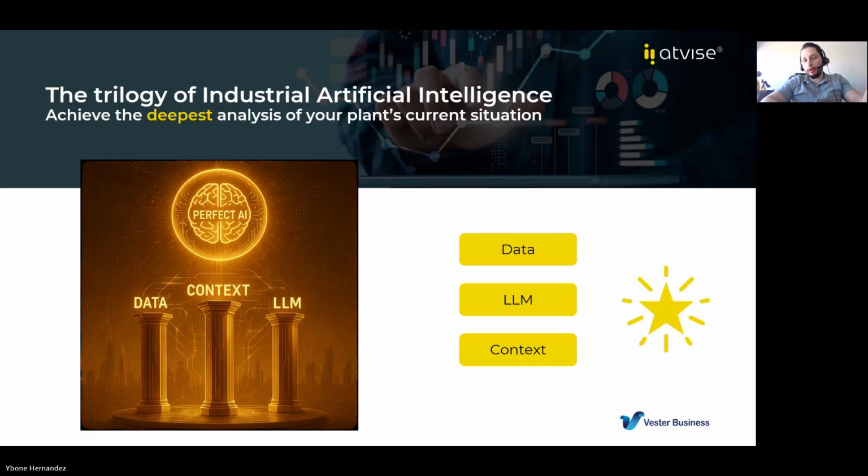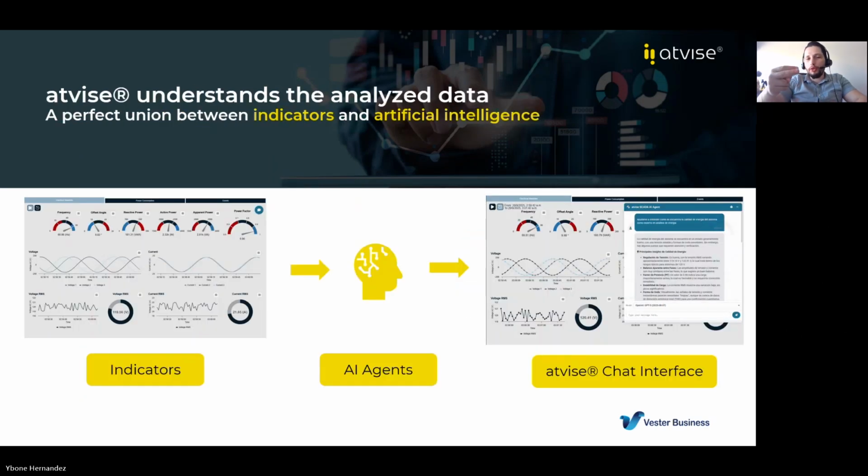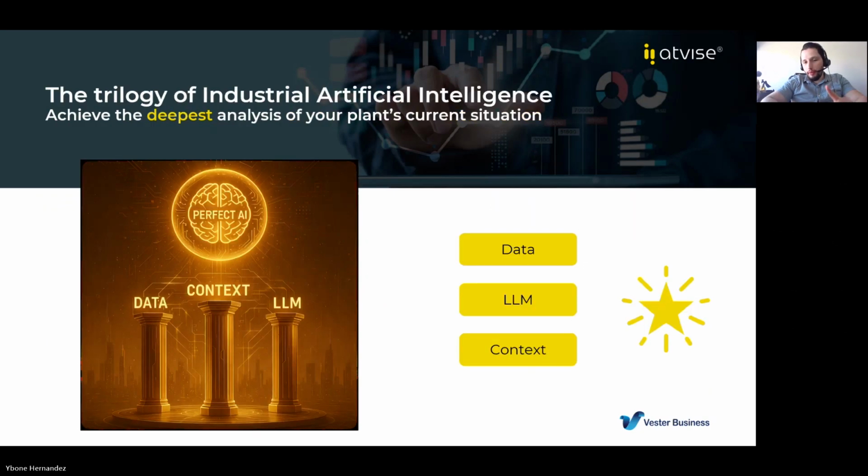For example, OpenAI with ChatGPT in 2022 released the first version of ChatGPT available for the users. And since then, we've seen an explosion of multiple models. For example, Gemini, Grok, Claude. So we will see some of them during this presentation as well. And with those, you could do a lot of things, but there is one missing, which is the context.